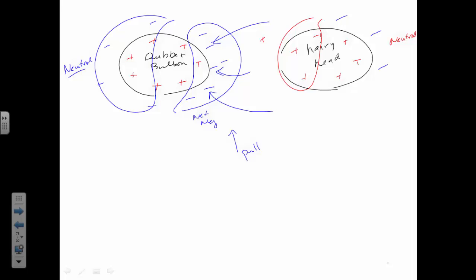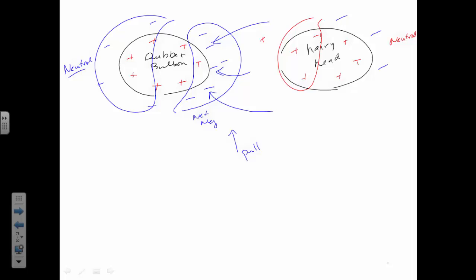So by rubbing it against my hair, I've got one side of this balloon that's going to have a whole bunch of excess charges. The other side of the balloon won't be affected because these charges can't redistribute. On the other hand, if I were to use, instead of a rubber balloon, something on our scale that was a good conductor, I've got extra negative electrons right next to each other, and two electrons next to each other are going to want to do what?